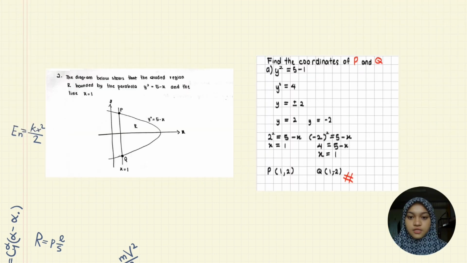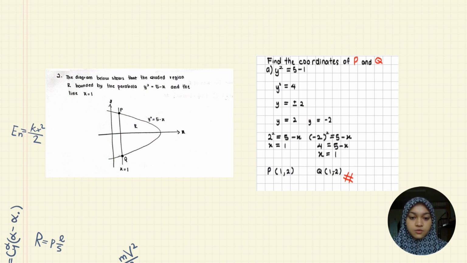For question 2a, the diagram below shows that the shaded region is bounded by the parabola y squared equals 5 minus x and the line x equals 1. And the solution is, from the equation, make x equal to 1 into the first equation and y squared equals 5 minus x into the second equation.